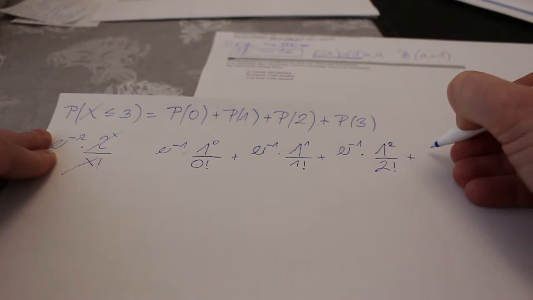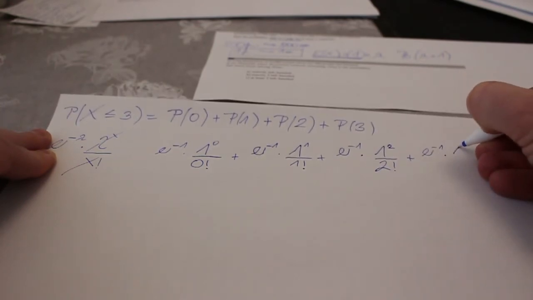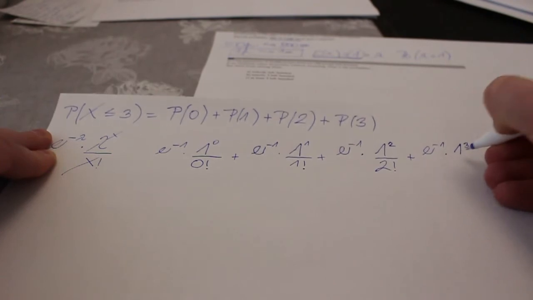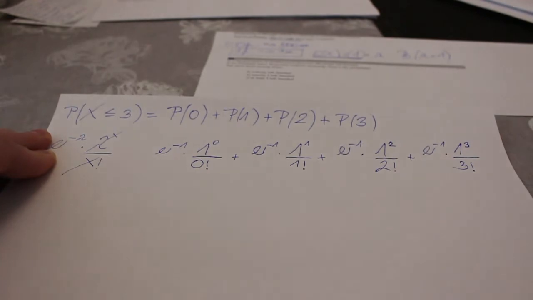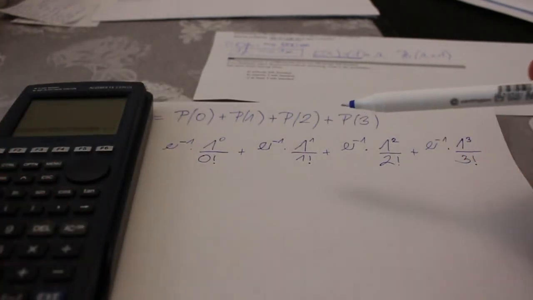And finally, e to the minus lambda times lambda to the power 3 divided by 3 factorial. Okay, I will use the calculator and solve this.